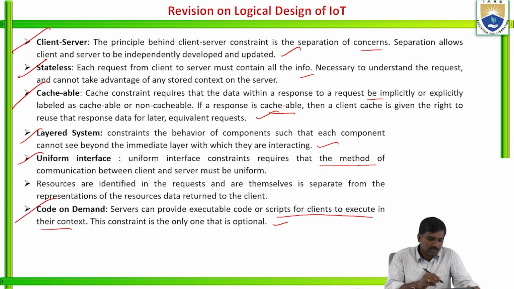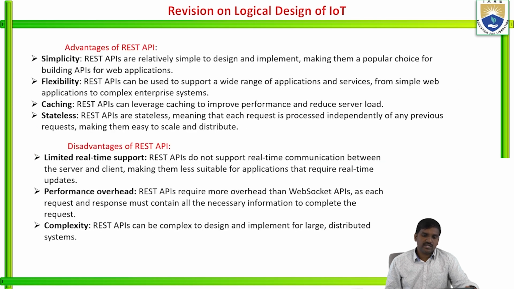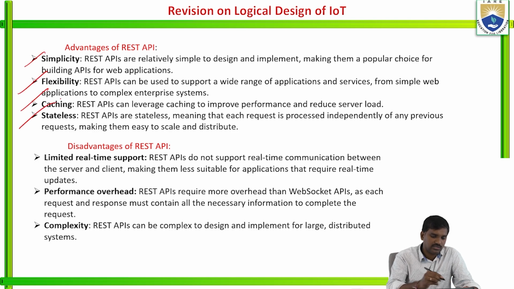So these are some representational state transfer constraints: client-server model, stateless, cacheable, layered system, uniform interface, and code on demand. And now the advantages and disadvantages of REST API. Under the advantages of REST API, it maintains simplicity of connection, flexibility, caching, and stateless.